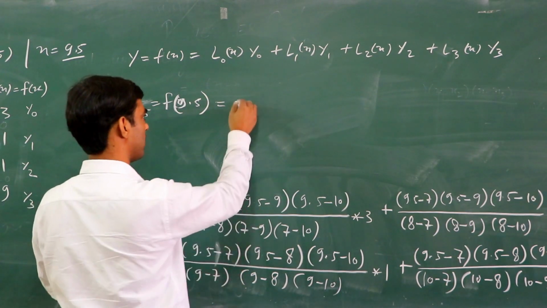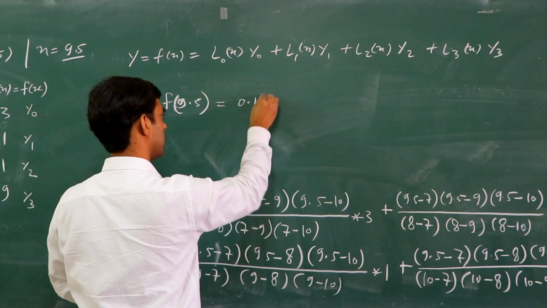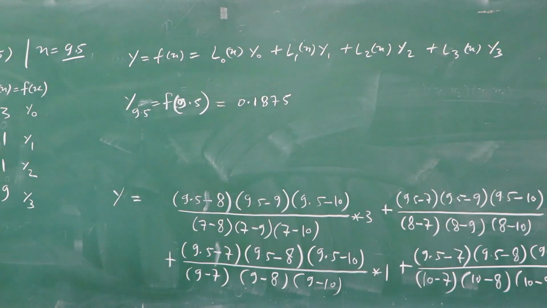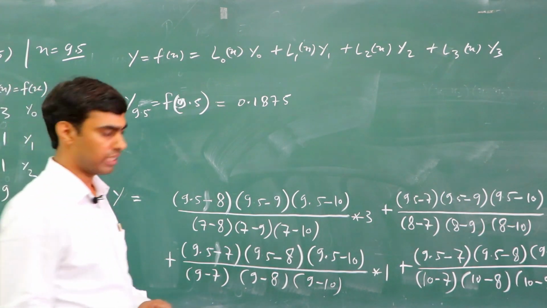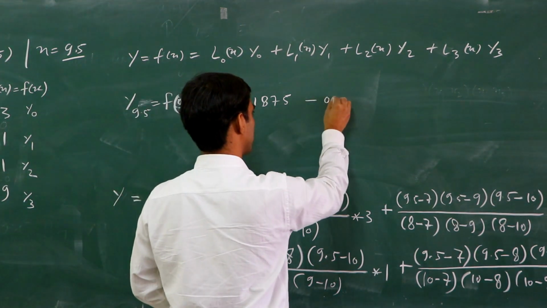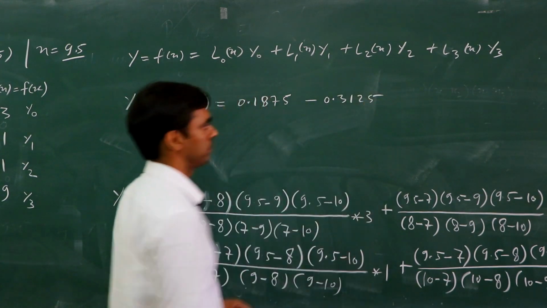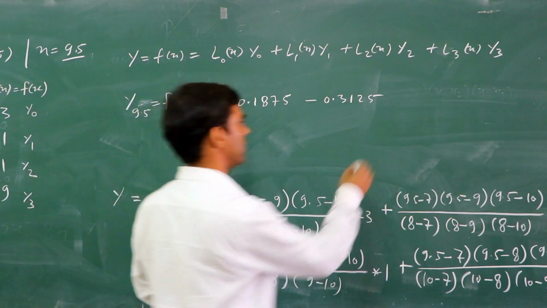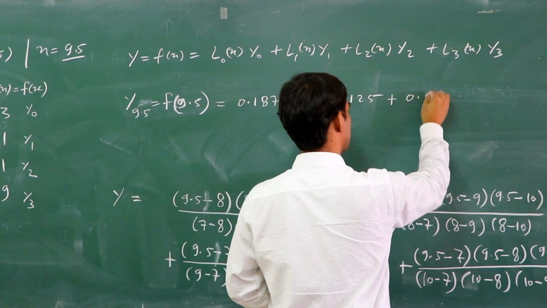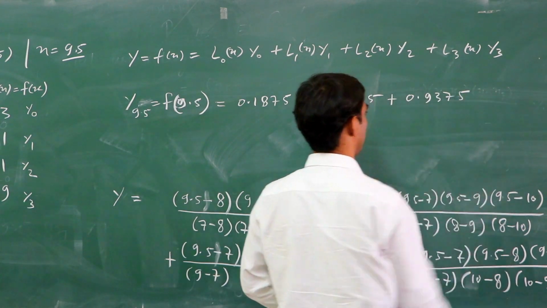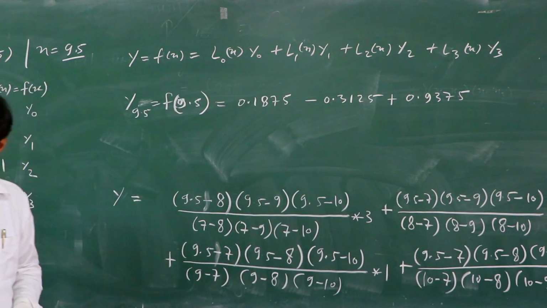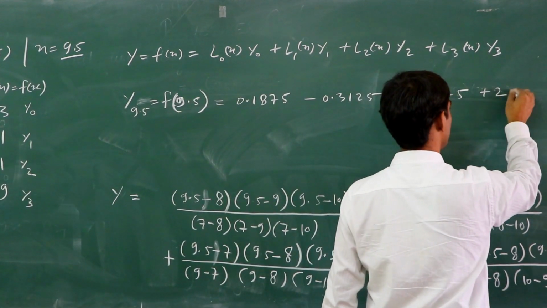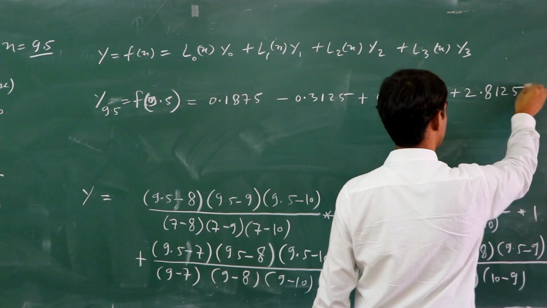After calculating, the first term becomes 0.1875, the second value is minus 0.3125, the next value is 0.9375, and the last term is 2 plus 2.8125.